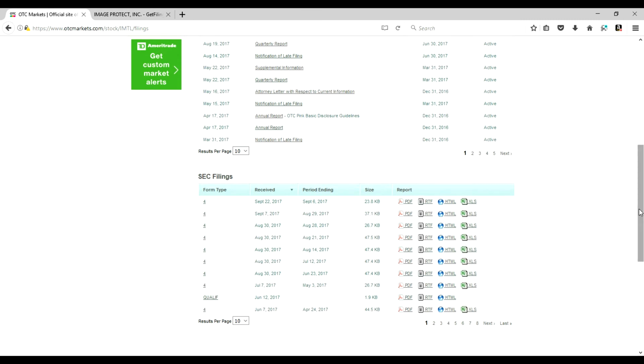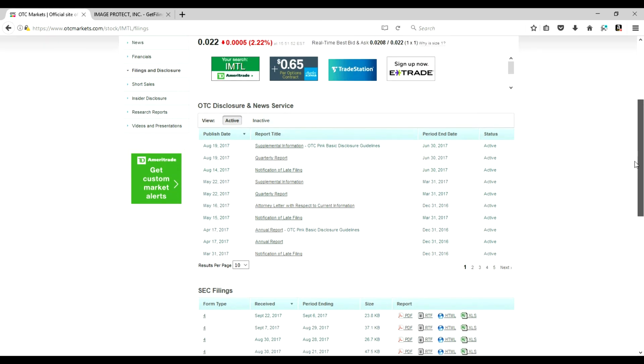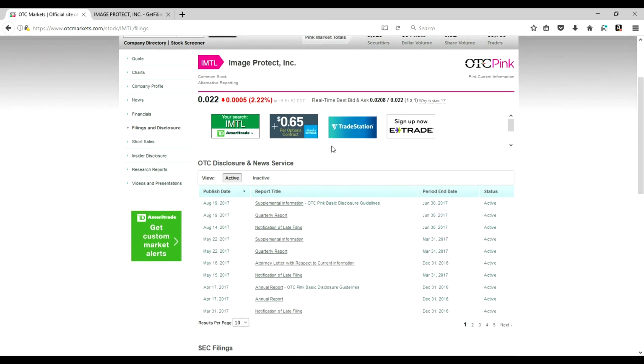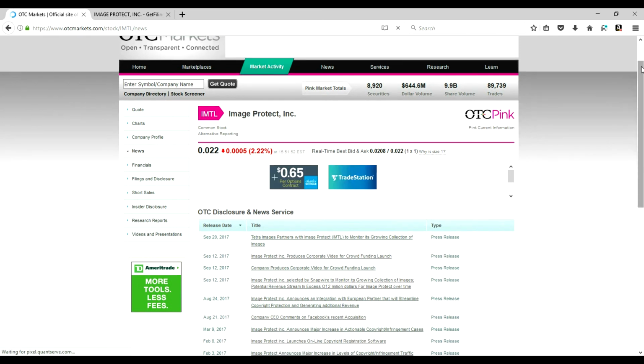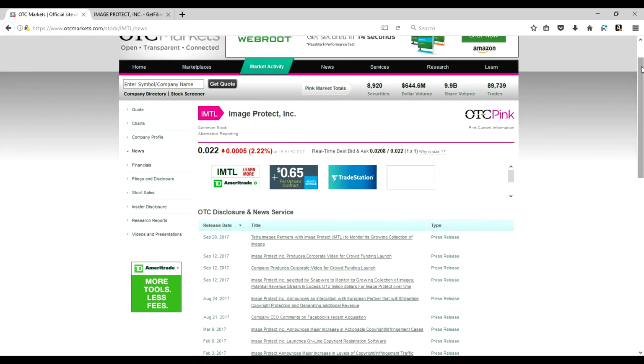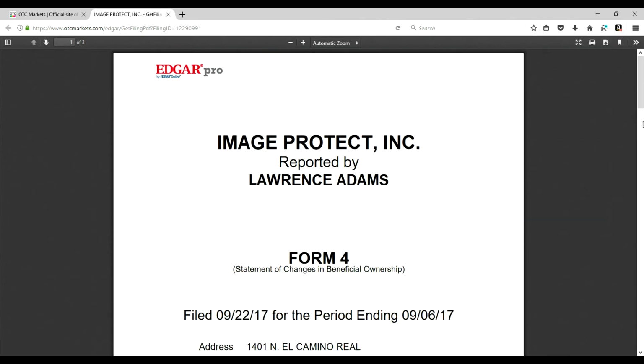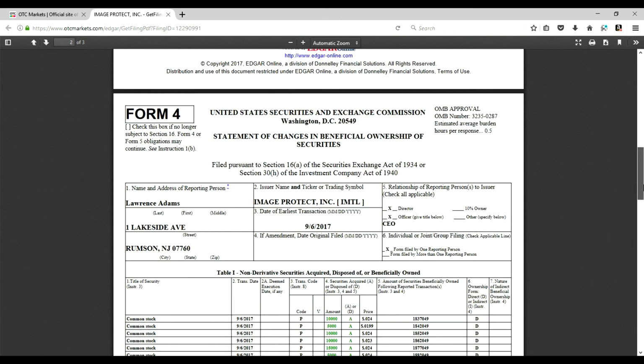This company in itself has had several partnerships in recent months and hasn't gone anywhere, and the CEO has been continually buying shares of his company even after these partnerships have gone through. So you can see here, September 20th, there was a partnership, Tetra Images partners with IMTL to monitor a growing collection of images, and let's see, when did he last buy shares of this?